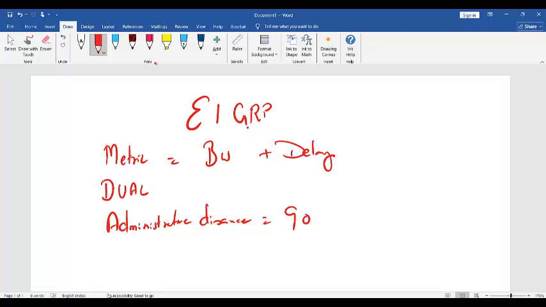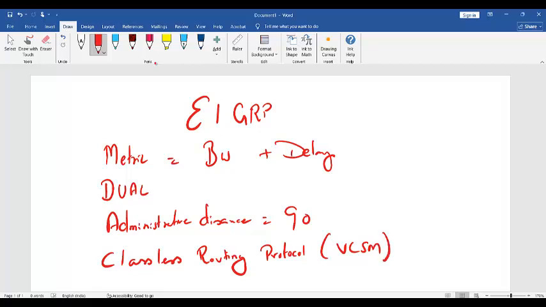Now, EIGRP is a classless routing protocol. What does that mean? This can support variable length subnet mask network. You know what is VLSM, right? Yeah. We have different prefix length.